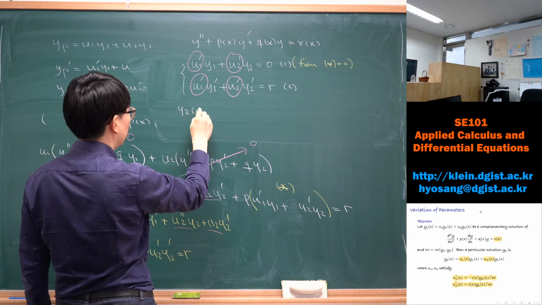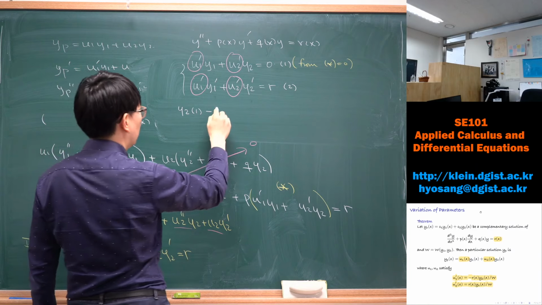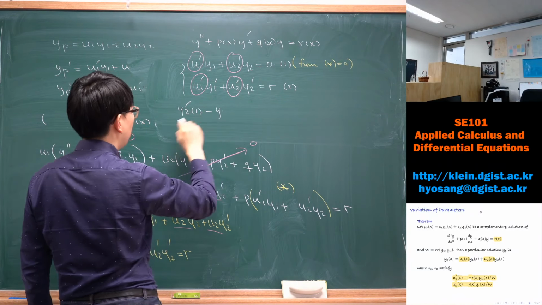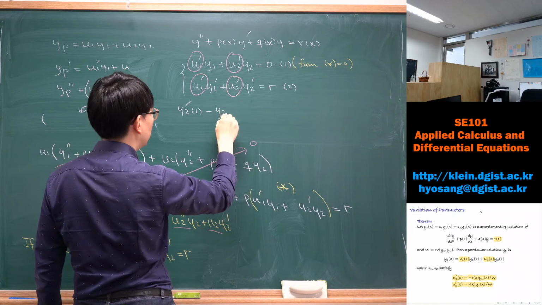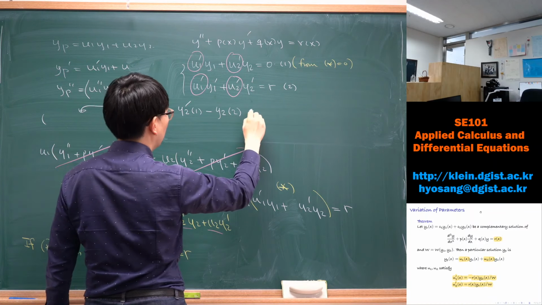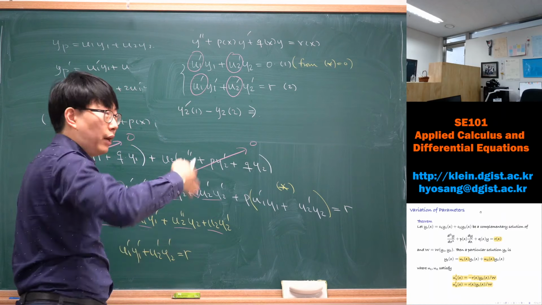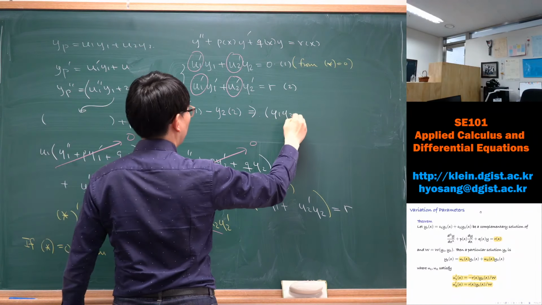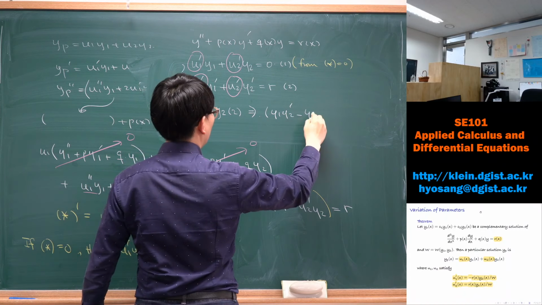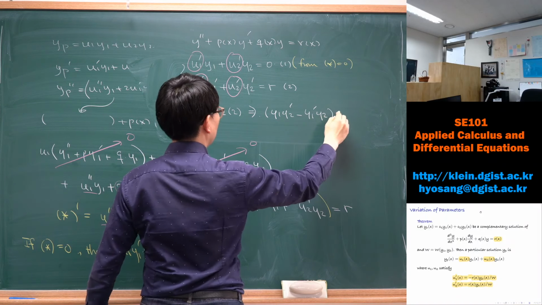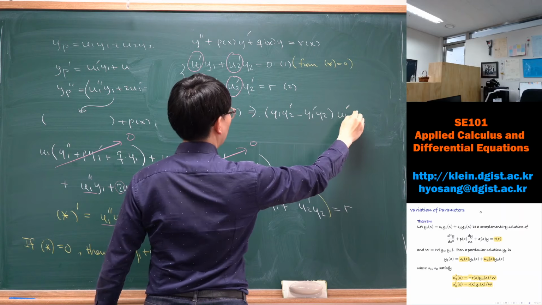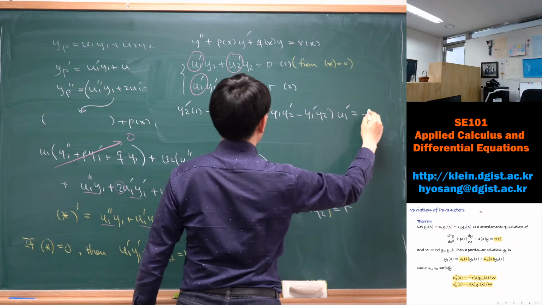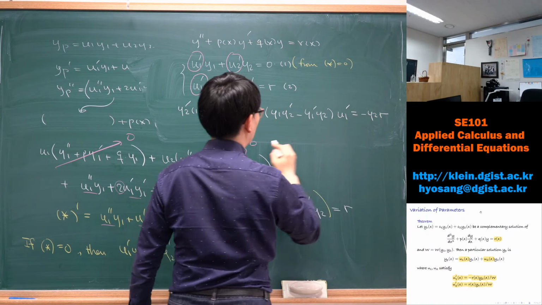Multiply u2 on equation 1 and subtract u2 prime on 1 and u2 on 2 side by side. What you get is (y1 y2' - y1' y2) u1' equals, on the right hand side, minus y2 r.